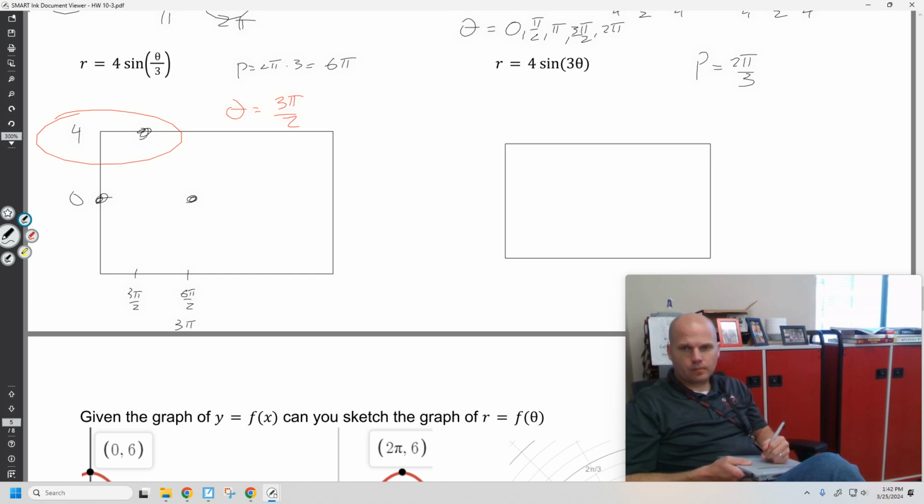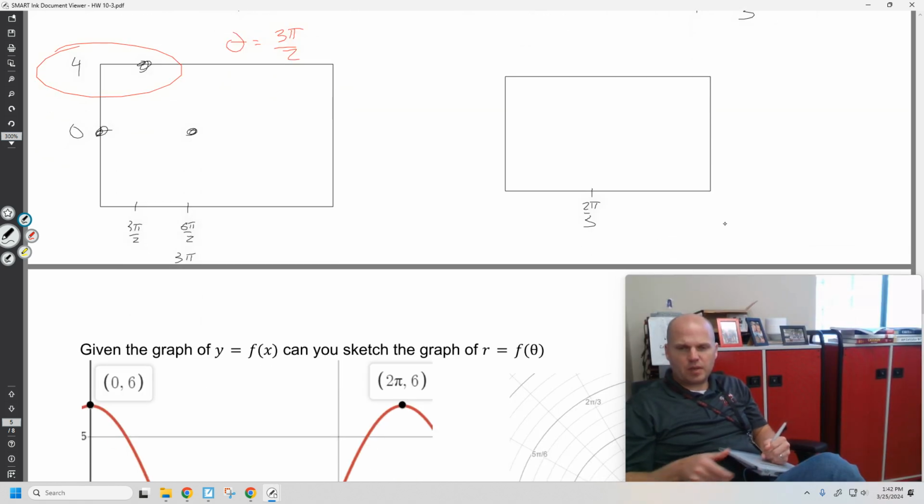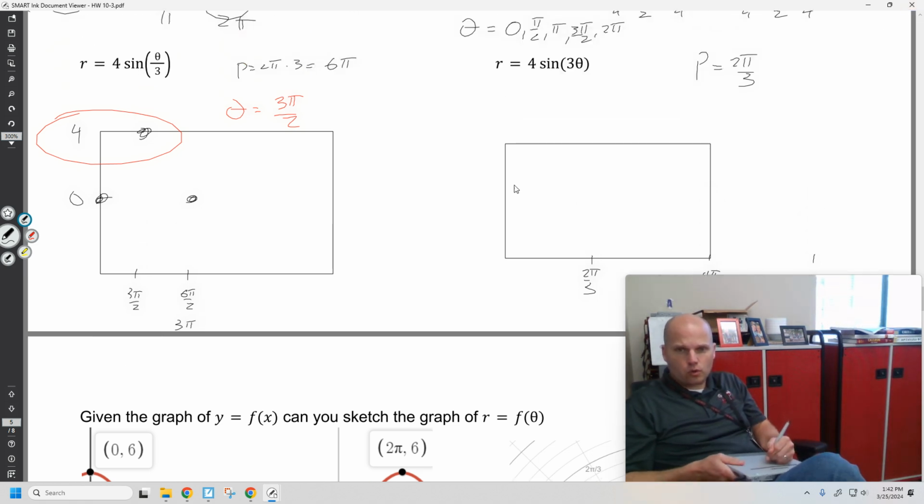Hold on. We got 2 pi over 3 is one period. That means 4 pi over 3 is another period. That means 6 pi over 3 is a third period. And that gives us to 2 pi. So what's this stepped out?